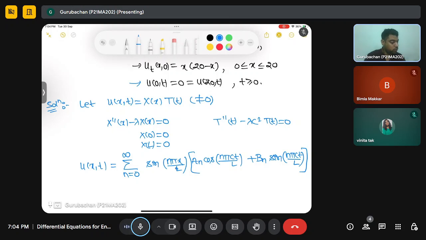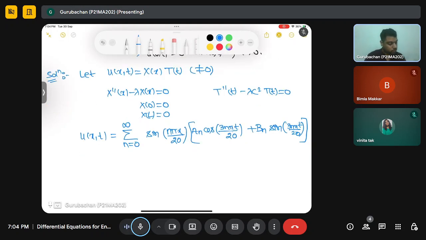So let us put those values here: sin(nπx/20), and this will be 3nπ divided by 20, and this will also be 3nπ divided by 20.